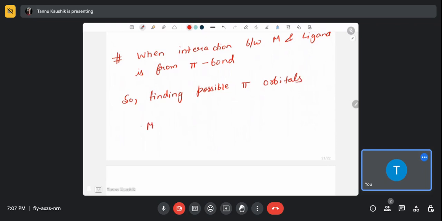So this is the metal, and if it is interacting with, sorry, p orbitals, this is the representation you will get.